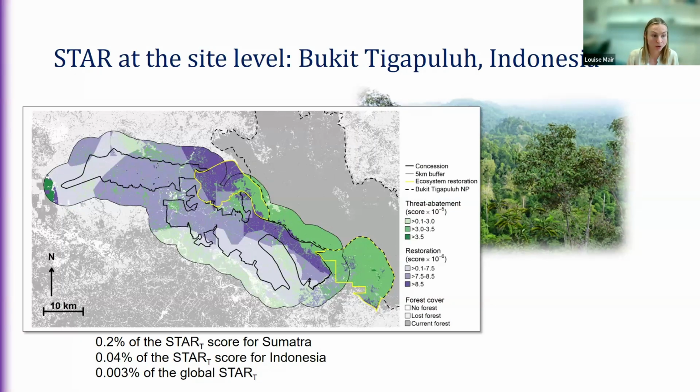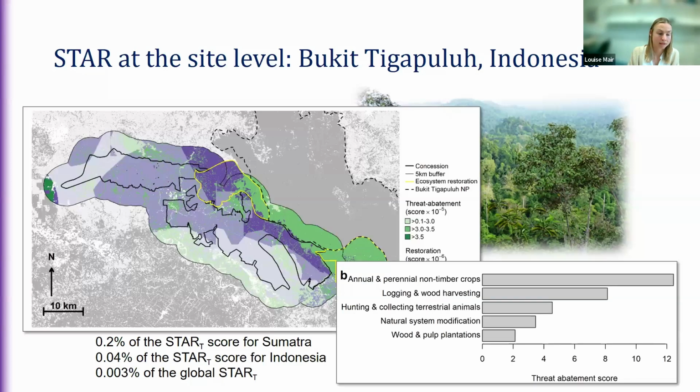You can start to put the potential contributions within your particular landscape into context at a regional, a national, or a global level. And of course, the other thing that STAR tells us is the relative contribution of different threats. So in this landscape, the biggest threat comes from agriculture, and specifically from annual and perennial non-timber crops.